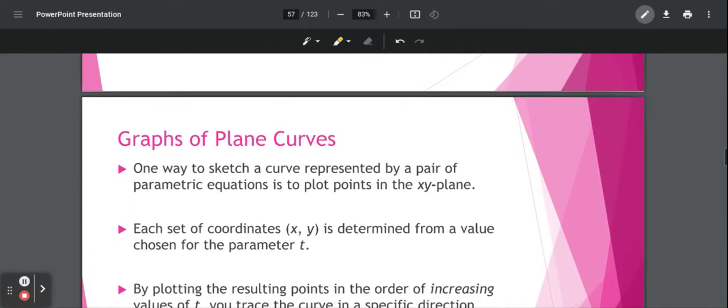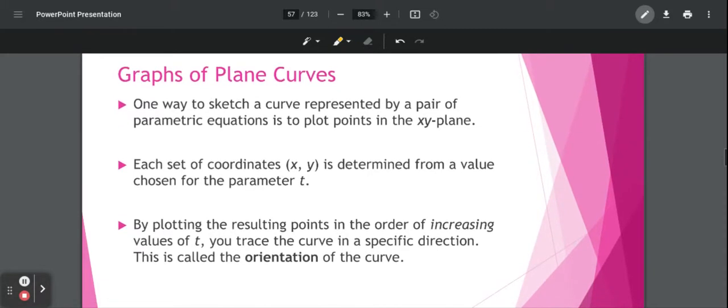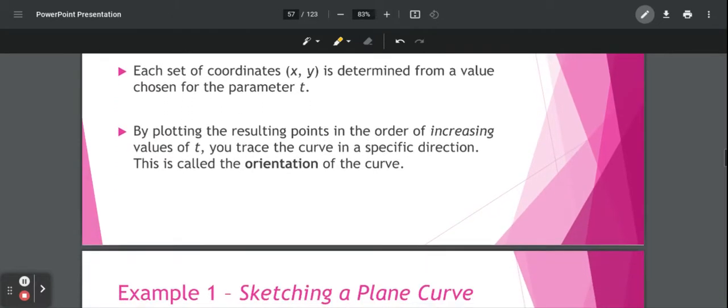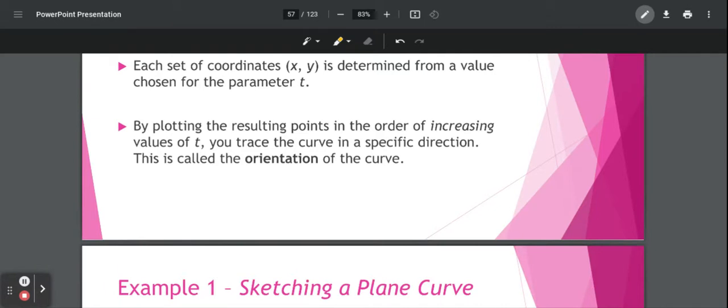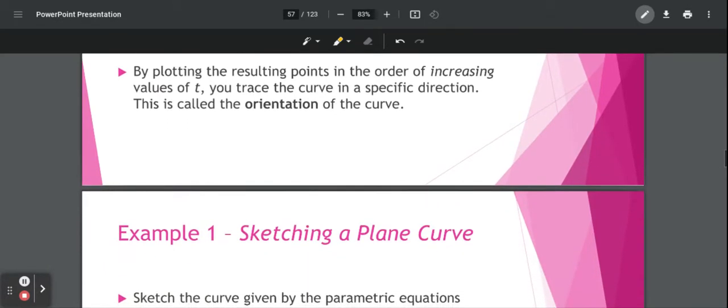One way to sketch a curve represented by parametric equations is just to plot the points. Plotting the points results in the order of increasing values of t. The direction of a parametric equation is specific, and it's called the orientation of the curve.